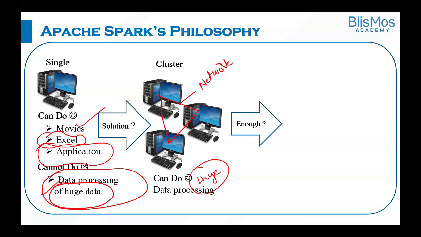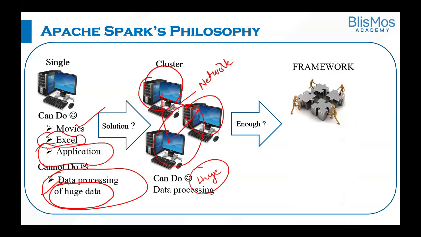We have systems connected to the network, but mere systems will not do the work. We need a framework along with these systems which will analyze the large amount of data. Which framework can analyze large amounts of data in a distributed manner? Hadoop.